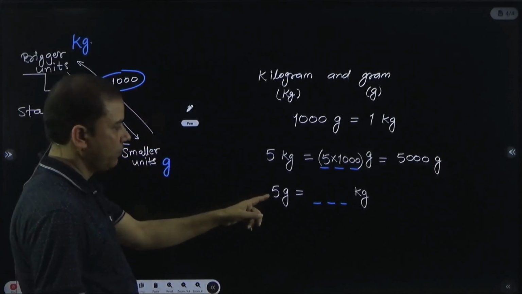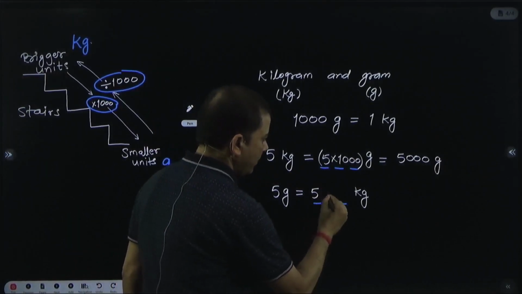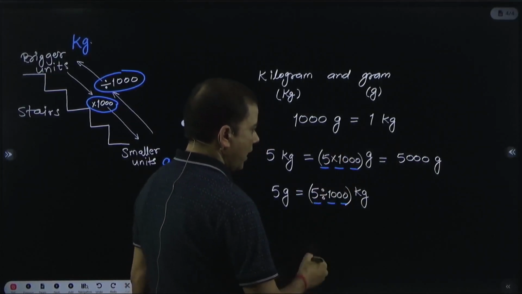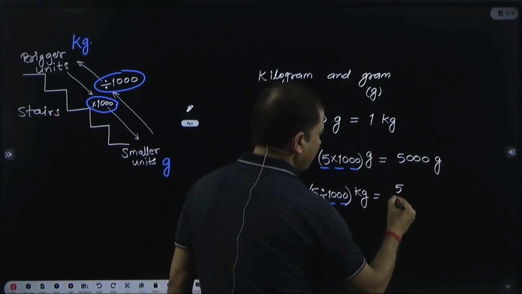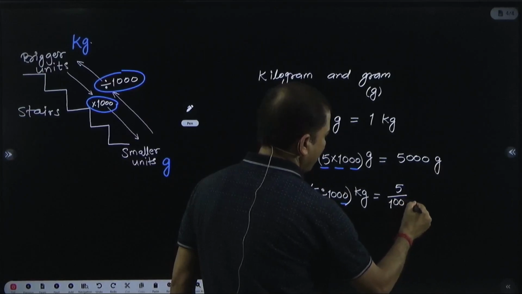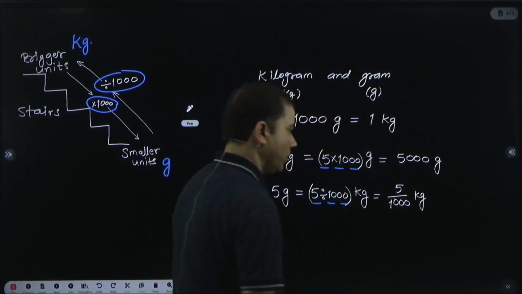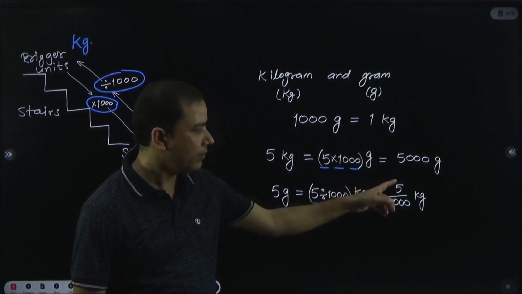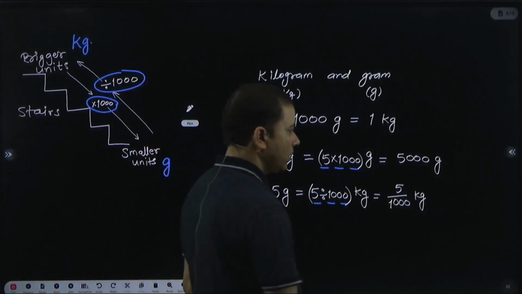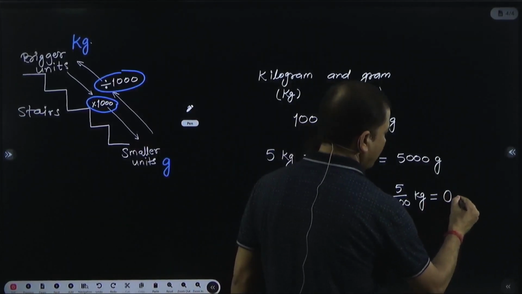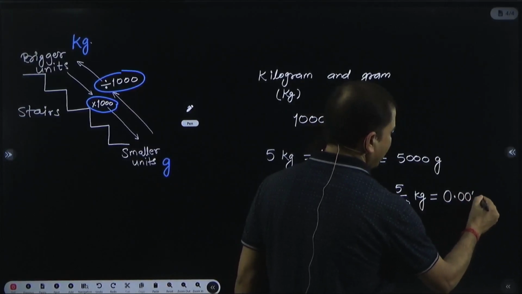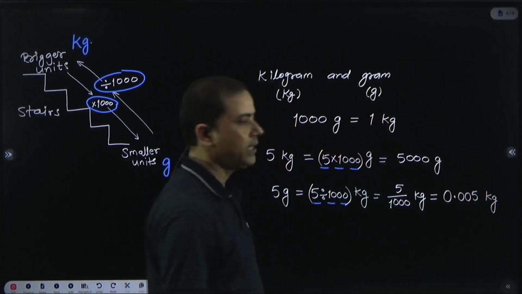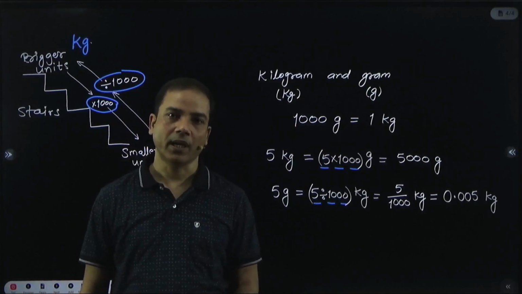Divide by 1000. 5 will be divided by 1000, and that means 5 upon 1000, and it is kilogram. As we have seen in the previous page, 5 upon 1000 converts to what? 0.005, and unit is kilogram. 0.005 kilogram. Done?